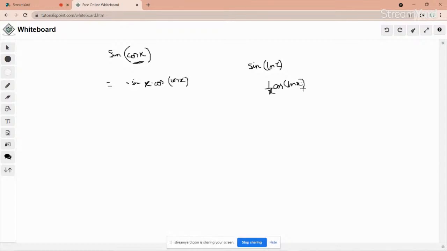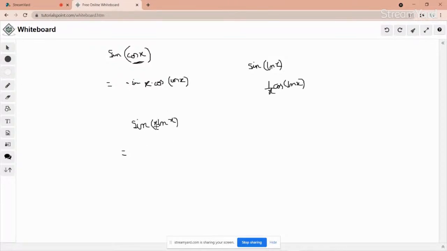We can also use the product rule and quotient rule in this type of questions. Let me show you one such sum. Suppose I take sine again of x ln x. You can spell it as log x also. First, as we learned, we have to differentiate this inner part.